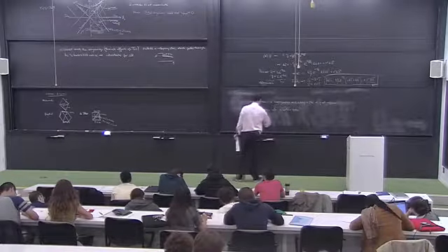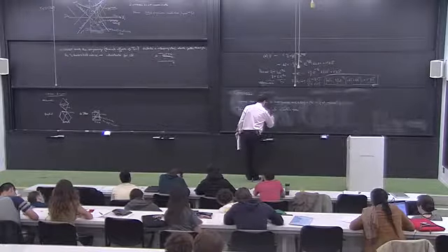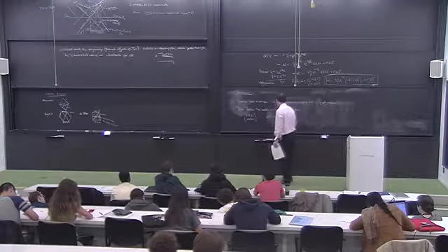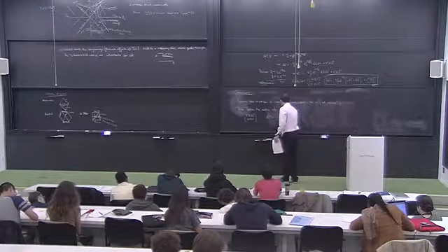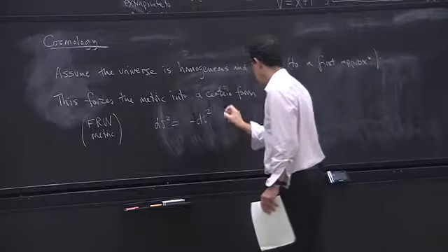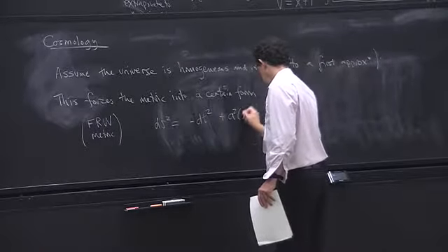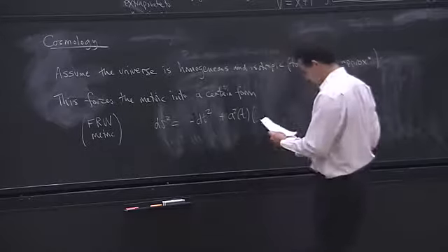Basically what it says is, and I'm not going to prove this, it's not hard to prove, that there is a coordinate system in which the metric takes this form.